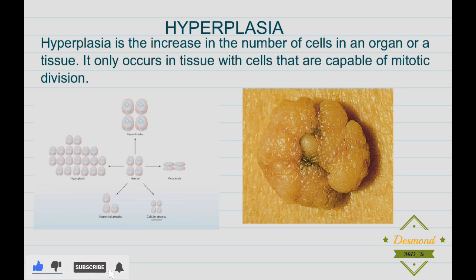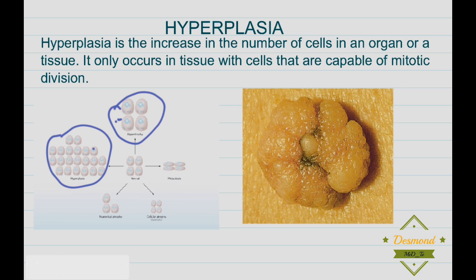Now, finally, let's talk about hyperplasia. Hyperplasia is when there is an increase in the number of cells in a tissue or organ, leading to its enlargement. So you have to just take note. Now, you can see hypertrophy here. This is hypertrophy and this is hyperplasia. Hypertrophy is just the increase in the size of the cell, whereas hyperplasia is the increase in the number of the cells.